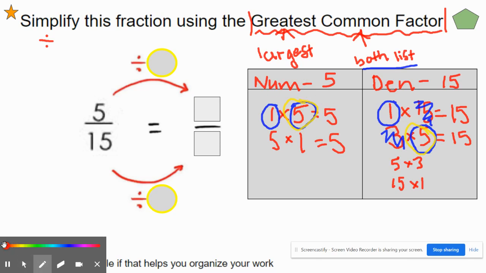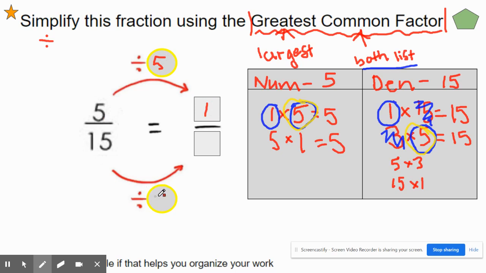So then we can go back into our problem and we are simplifying. Remember, we're taking fractions that have bigger numbers in them and making an equivalent fraction that has smaller numbers in them. All right, so 5 divided by our greatest common factor, which is 5, equals 1.